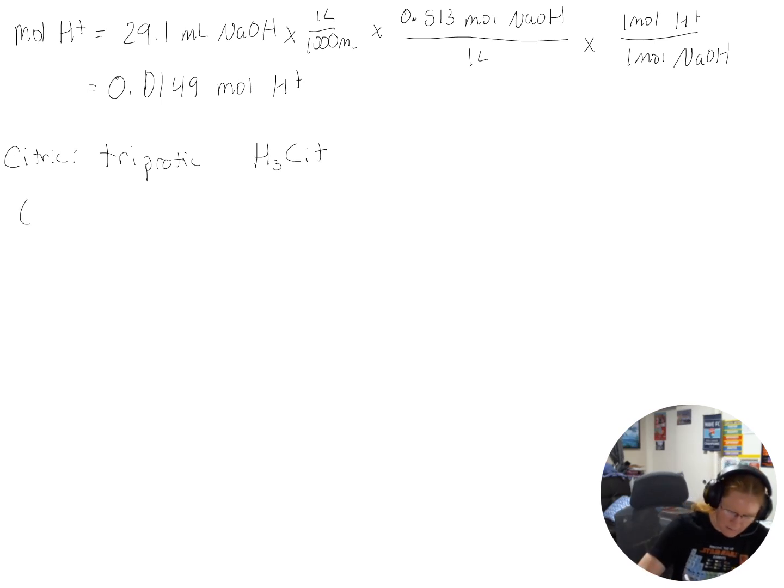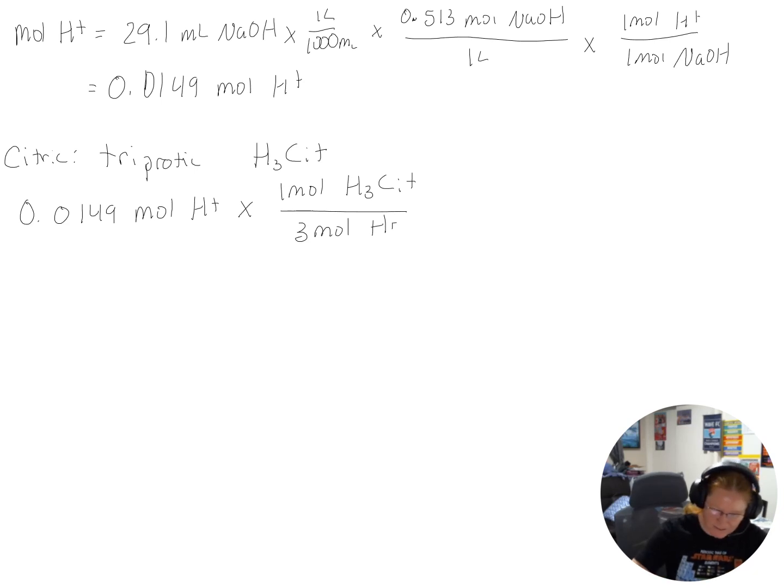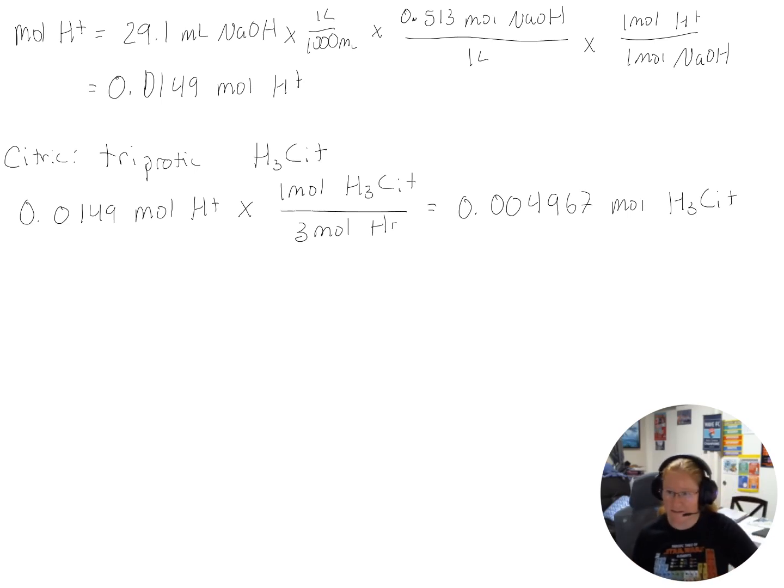If I have 0.0149 moles of hydrogen ions times 1 mole of citric acid for every 3 moles of hydrogen ions, see how that works? I end up with 0.004967 moles of citric acid.